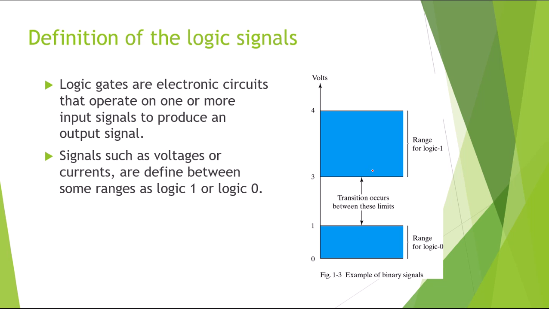From 3 to 4 volts, we'll say that it is logic 1. If a signal's voltage lies between 3 and 4, we'll say it's logic 1. If it's between 1 and 3, it's a transition. We will not say it's logic 0 or logic 1, but that it is in transit, moving from 0 to 1 or 1 to 0.